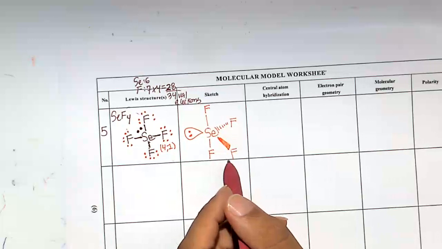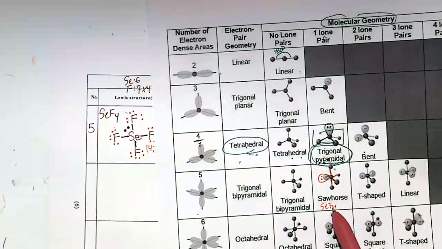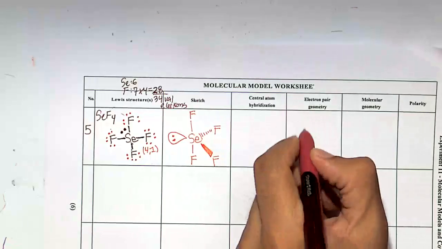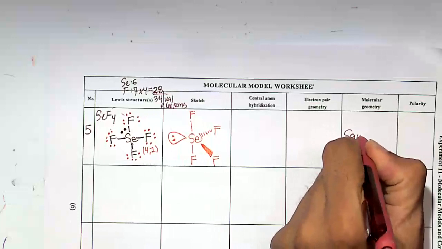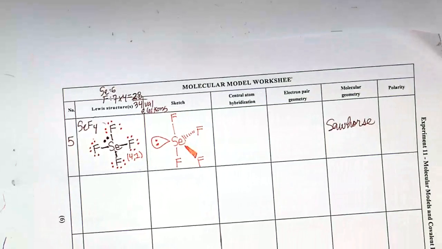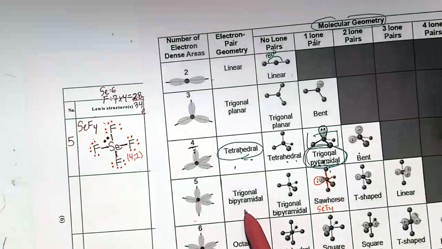All right, so the molecular geometry is sawhorse. Okay, sawhorse. And the electron pair geometry is trigonal bipyramidal.